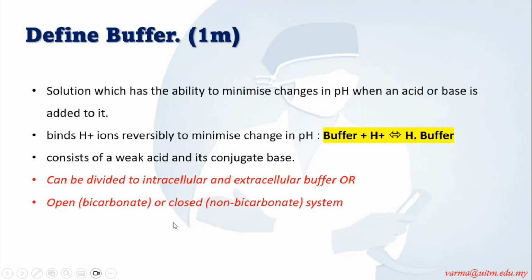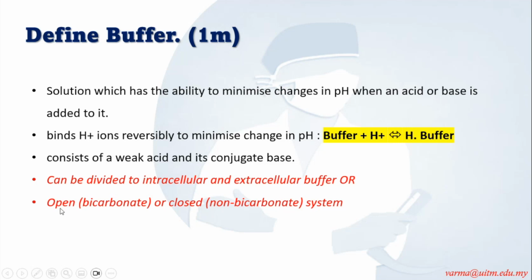If you want to add on, you can say it can be divided into intracellular or extracellular buffer, or another classification is open bicarbonate or closed non-bicarbonate system. This is the physiological one, but this is the more practical one. As I mentioned, the bicarbonate buffer is the most abundant buffer system in the body.